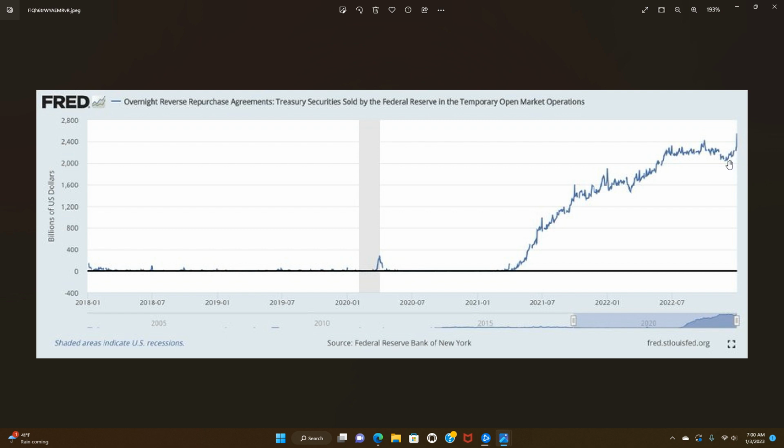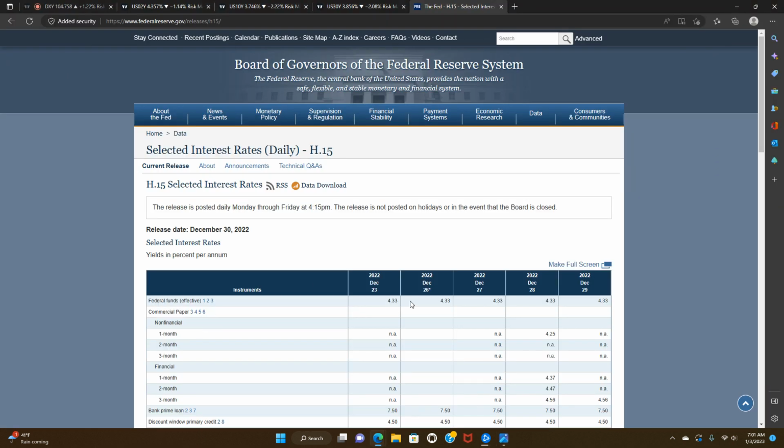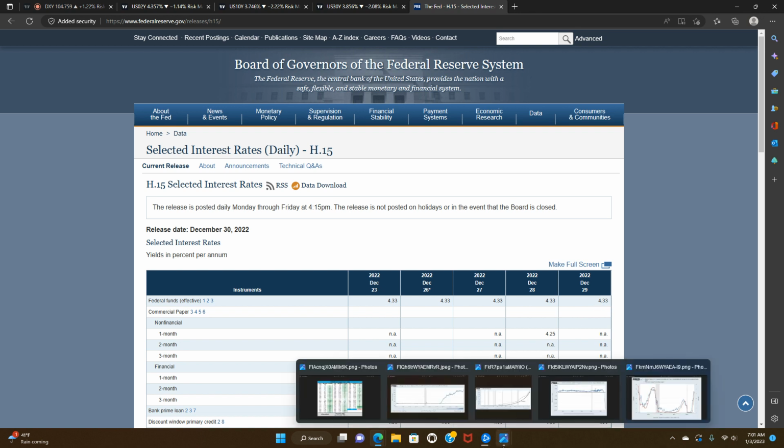That's an overnight yield, an annualized yield paid at an overnight rate, so they don't have to lock up capital for a year to achieve that annualized yield. They can lock it up for as many days as they want and get a prorated basis of that annualized yield, which is 4.33 currently, if we look at the federal funds website right here.